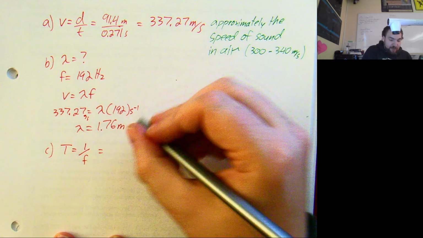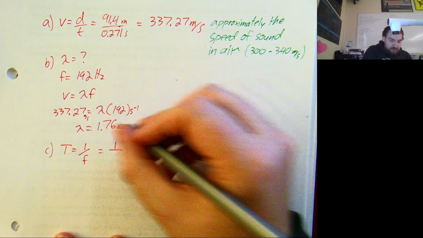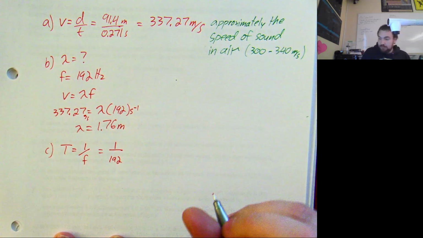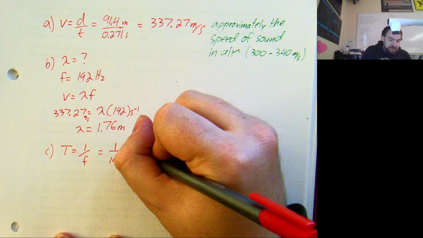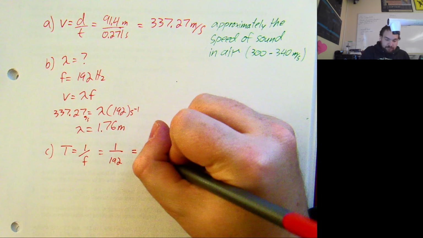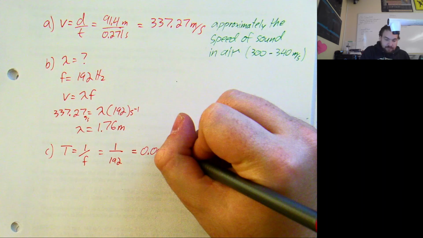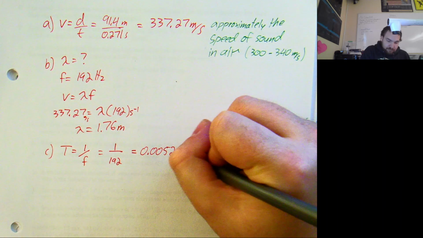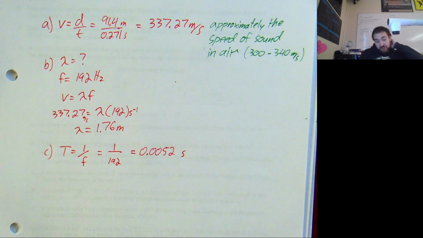So the period of that wave is just going to be 1 over 192. So then what is the period of that wave? This is the amount of time it takes one full wave pulse to travel past you. It's very quick.